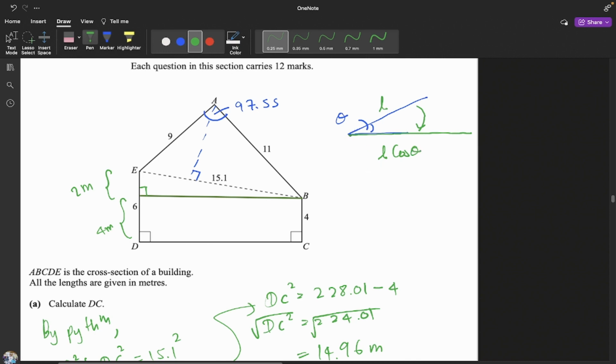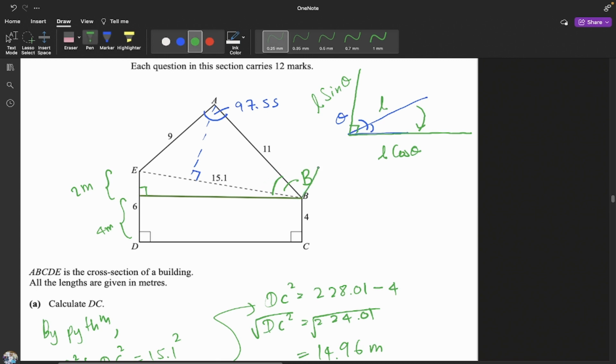And if I draw another line perpendicular to the line I folded, this length can be given by L sin theta. So similarly, we have a line of length L, and let's assume this angle is capital B.